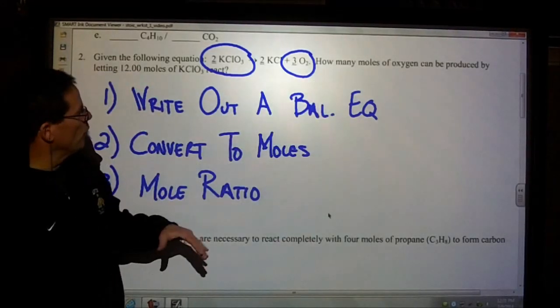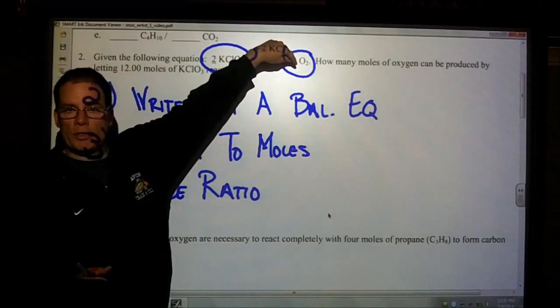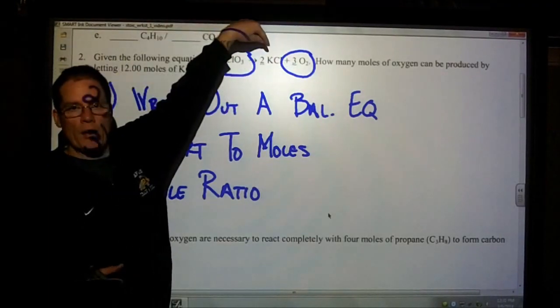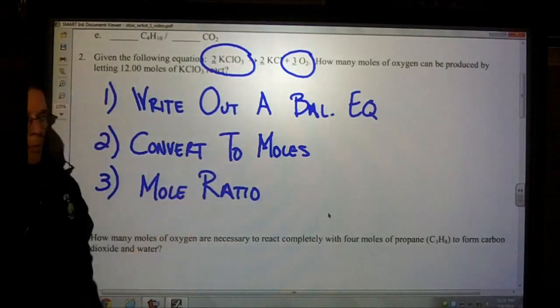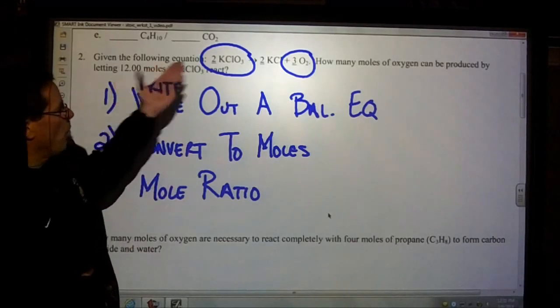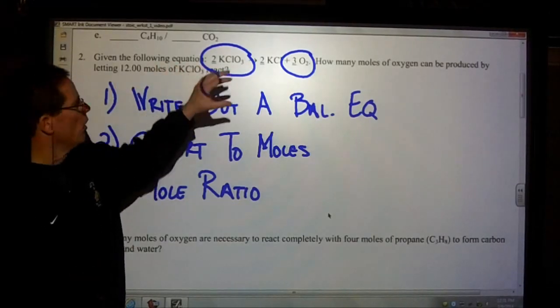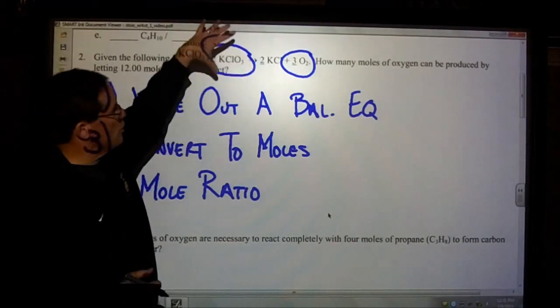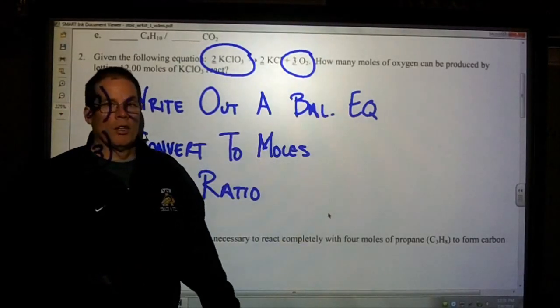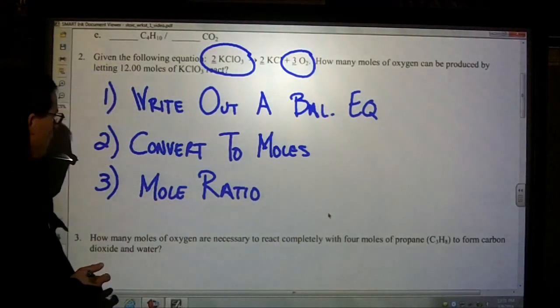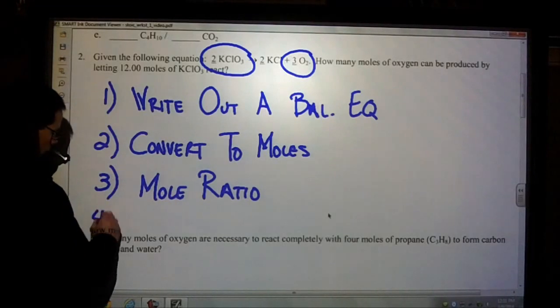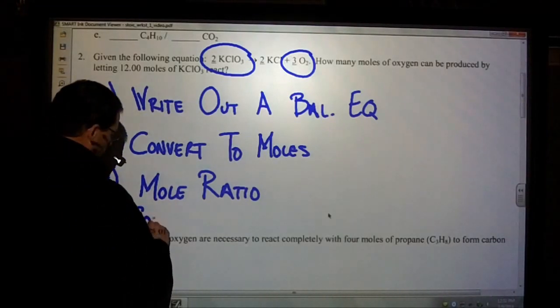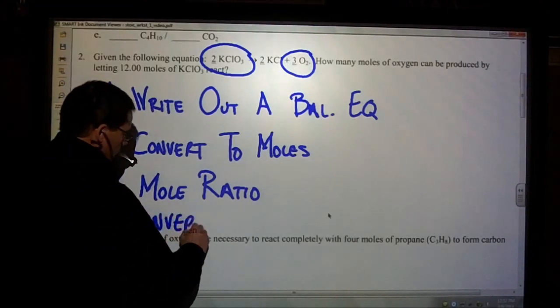So that mole ratio is used from the balanced equation, or actually we're going to use those values from the balanced equation to determine our mole ratio. And again, it's all based on how many atoms or molecules are actually changing from reactants to products. So make sure we use the mole ratio. And then step 4 is convert to whatever the desired units are.